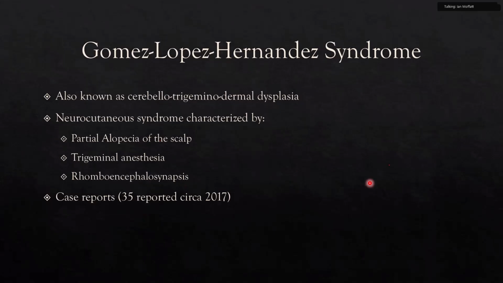Now getting even more rare, but another nice one with sort of typical CNS findings, Gomez-Lopez-Hernandez syndrome or cerebello-trigeminal-dermal dysplasia. It's another neurocutaneous syndrome characterized by partial alopecia of the scalp, trigeminal anesthesia, and rhombencephalosynapsis. Again, circa 2017, there were about 35 reported cases, and after that, they stopped describing the number that they'd seen.